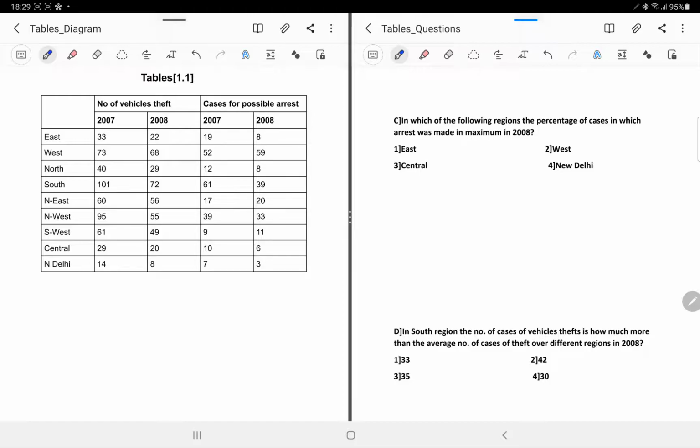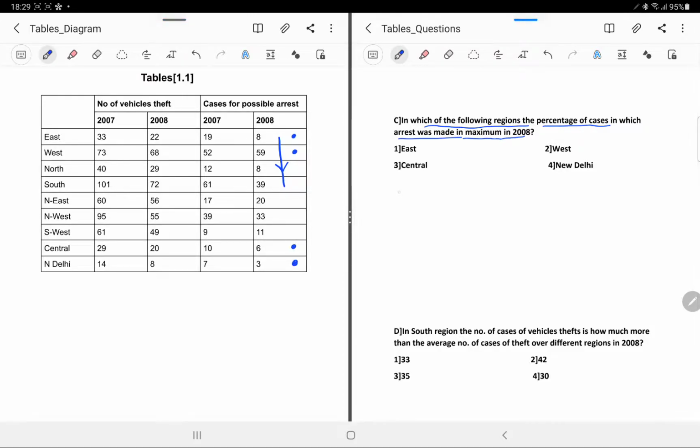Now let's try and see this. They are talking about this column. So they are talking about East, West, Central and New Delhi.